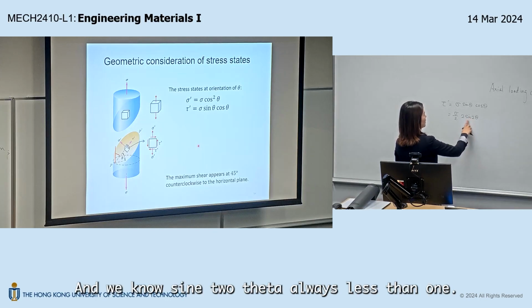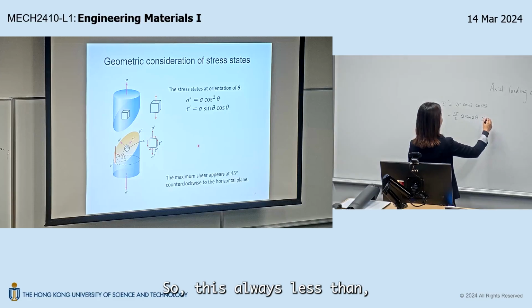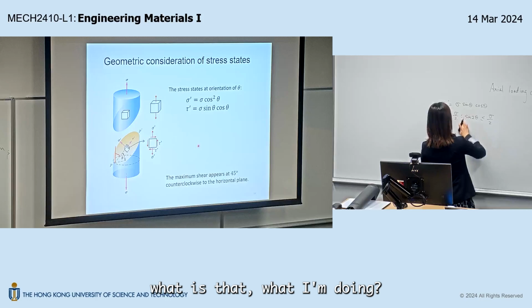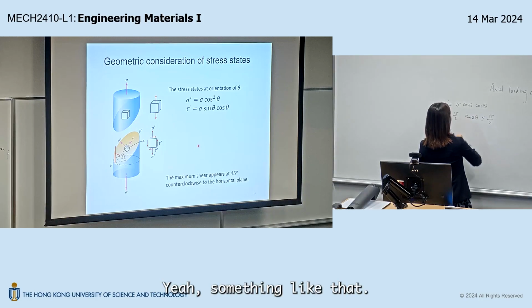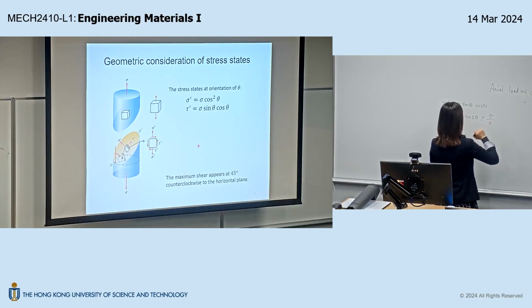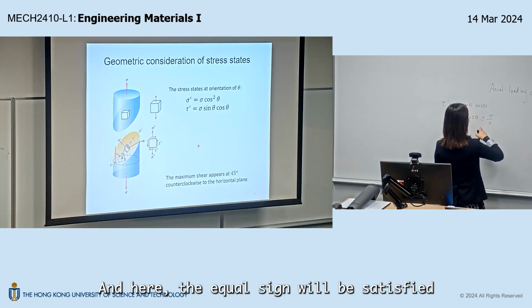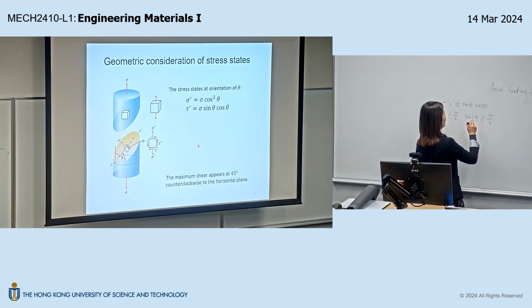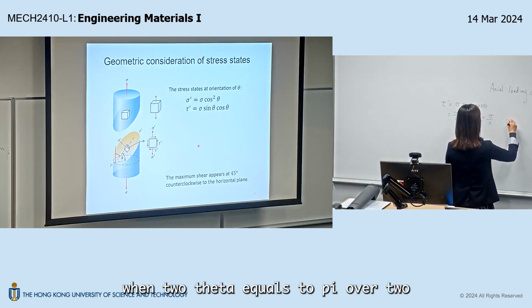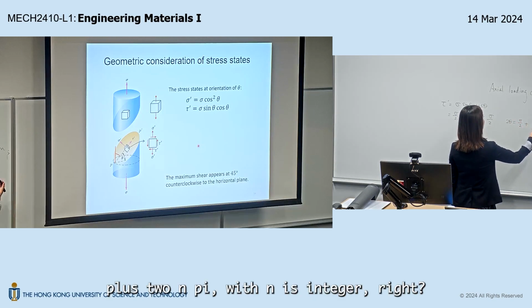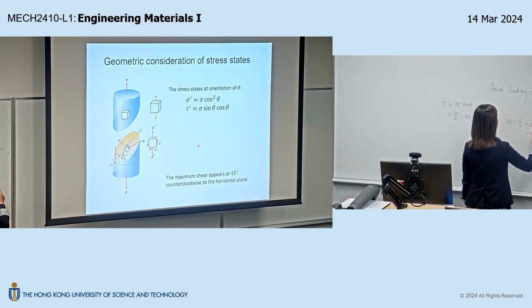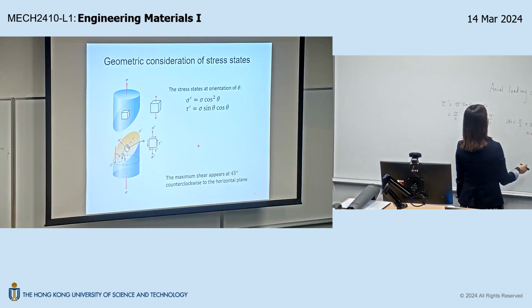And we know sine 2 theta is always less than or equal to 1. Here, the equal sign will be satisfied when 2 theta equals pi over 2 plus 2n pi, with n an integer, right?